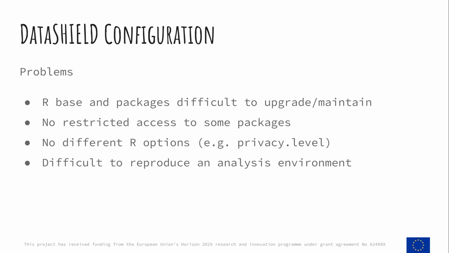In practice, people just leave the R server with old versions and deprecated packages, so it was a problem. It was not possible to restrict the access to some packages and to have different R options, like different privacy levels for different groups of people. As a consequence, it was difficult to reproduce an analysis environment.